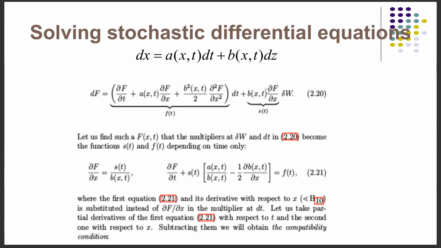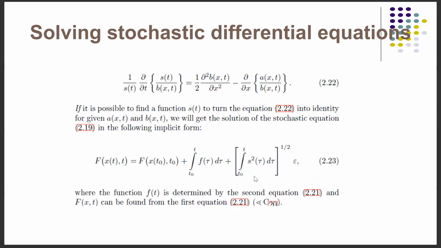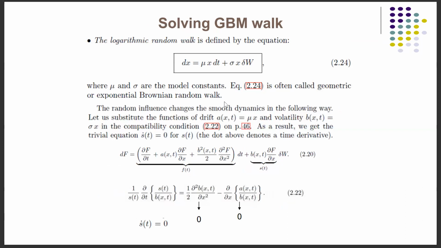From this we can write this equation, and it is the material of the last lecture, the condition which allows us to find this function. And if we find it, we can solve it like this.